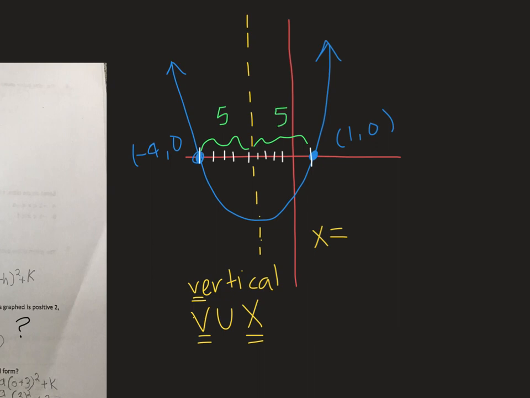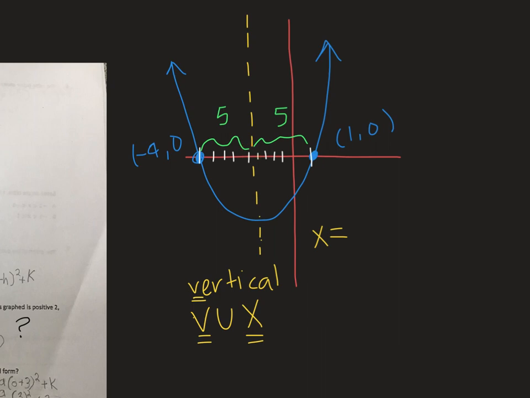I didn't draw this perfectly to scale, but hopefully you can see my point is that after we know the total distance, then you can take half of that, and then you would know where that line of symmetry is. So in this case, taking -9 and counting 5 over, that's -8, -7, -6, -5, -4.